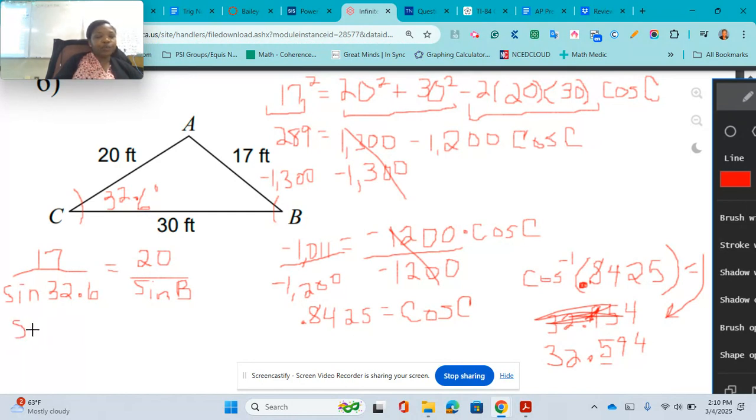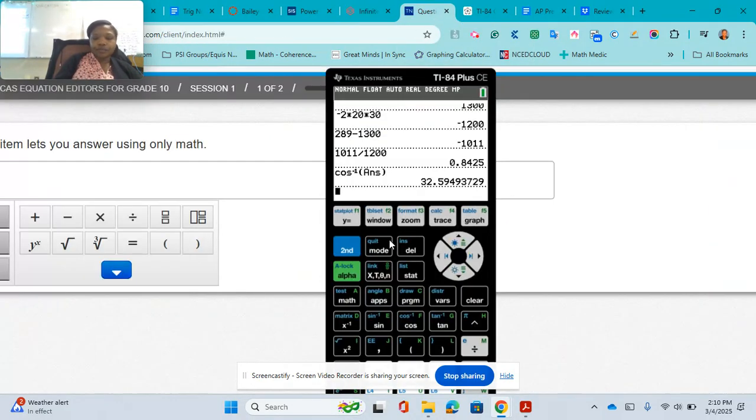Sine 32.6 times the 20, all right, equals 17 times sine B. Oh, yeah.